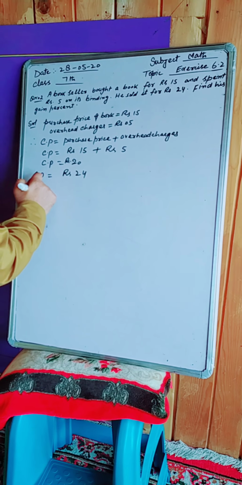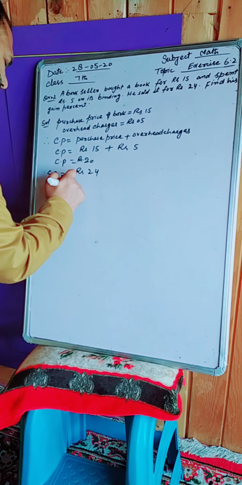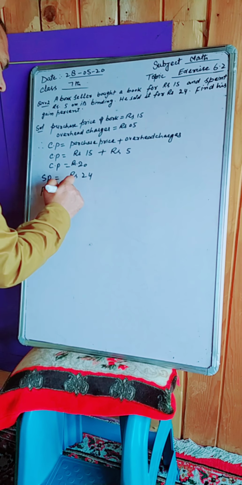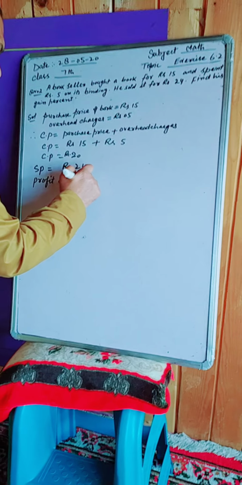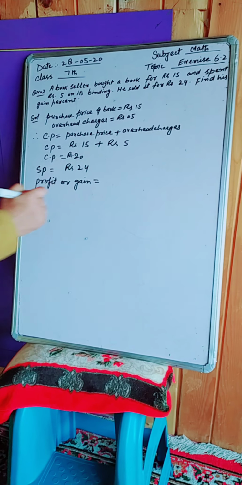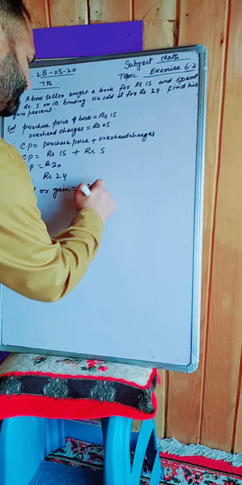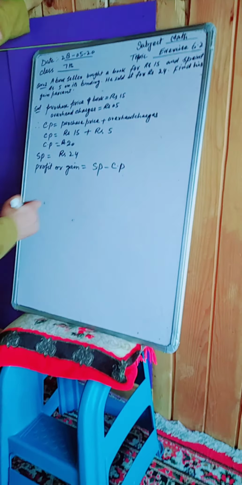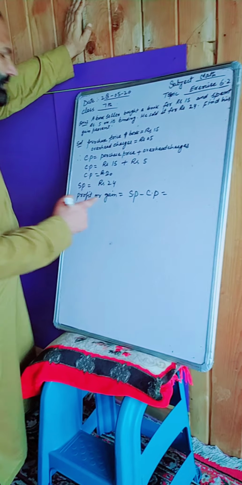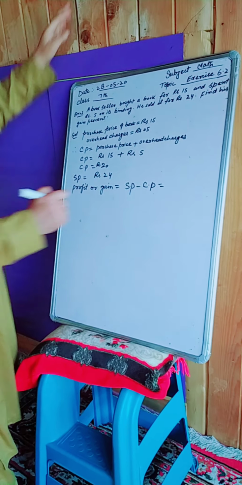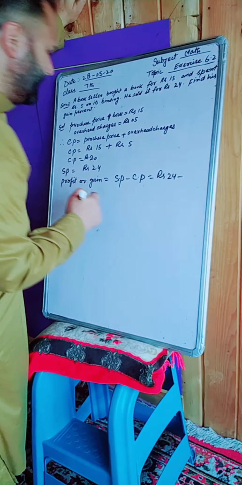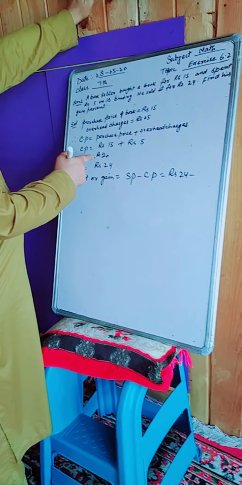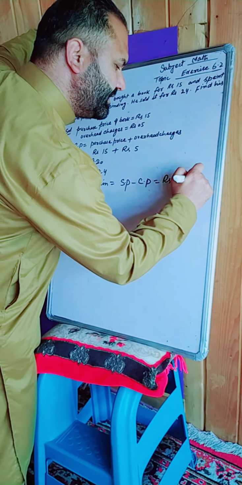Profit or gain is equal to SP minus CP. Selling price is Rs 24 minus cost price. Cost price is Rs 20.